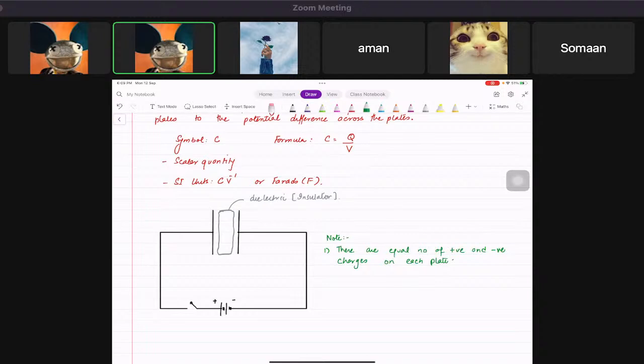And the reason for placing a dielectric is to prevent charges jumping to the other plate directly. That's why we do not want induction to take place.